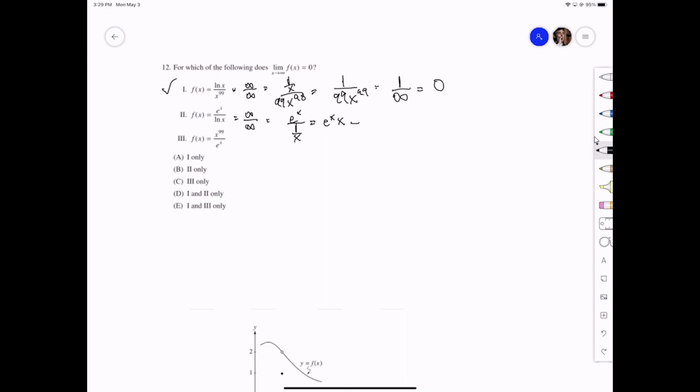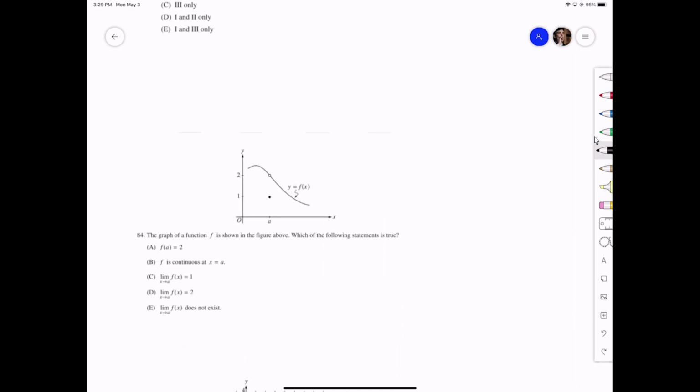So that can be rewritten as x over e to the negative x. So that's infinity over 0, so we can do it again. You do 1 over negative e to the negative x, and that is 1 over 0, which is infinity. So that does not work.